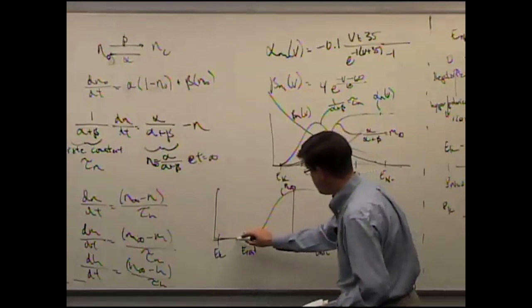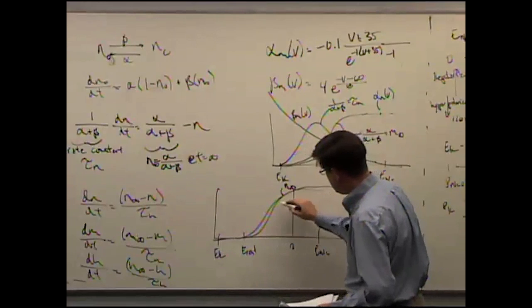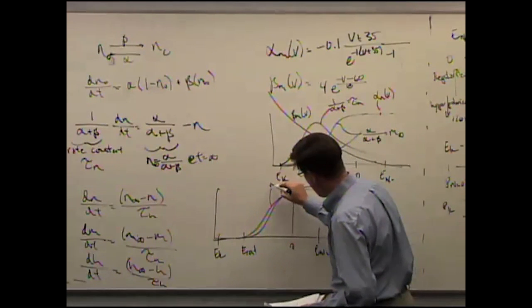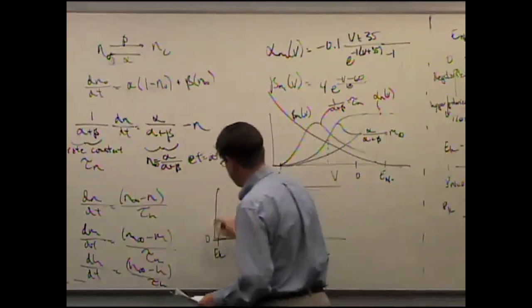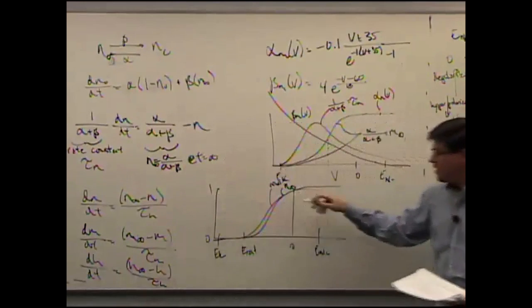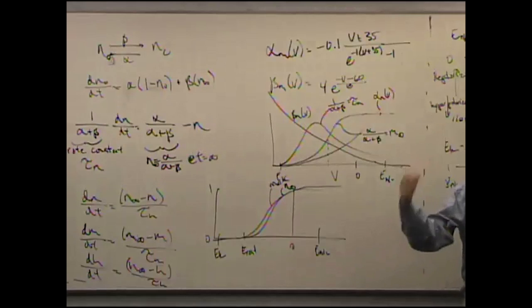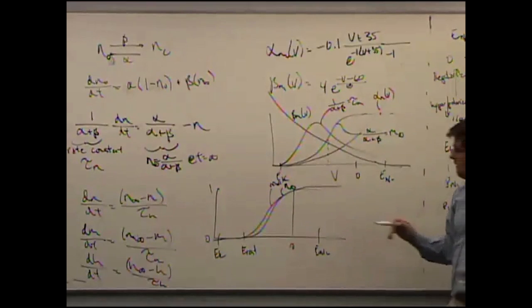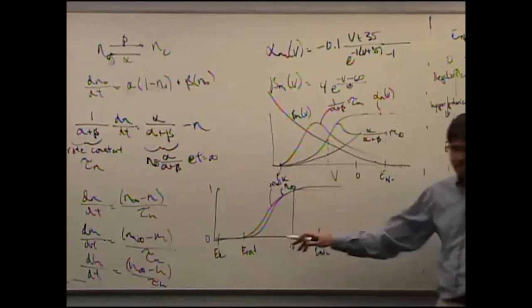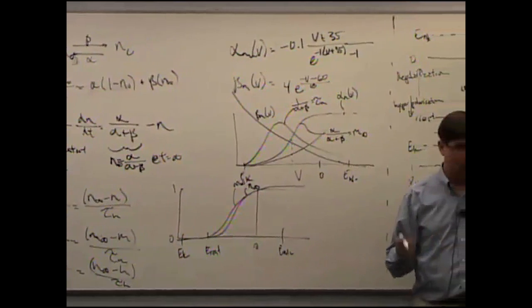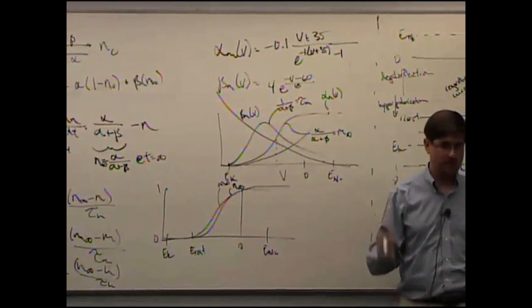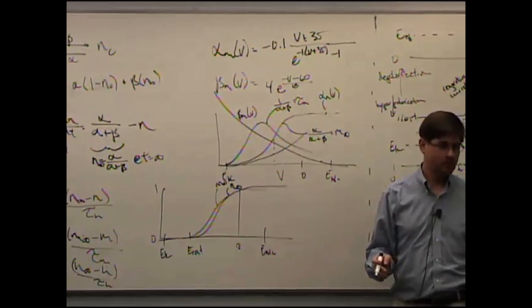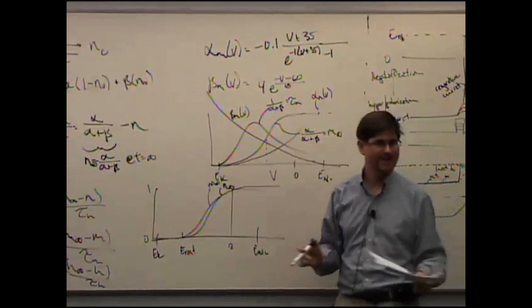We'll find that m infinity goes from 0 to 1. The activations and inactivations are only between 0 and 1. They do not go greater than that. This is one way you can test your code to see if it's correct. If you plot out m infinity as a function of voltage and it goes beyond 1 or less than 0, you know something is wrong with your code, not with the equations.